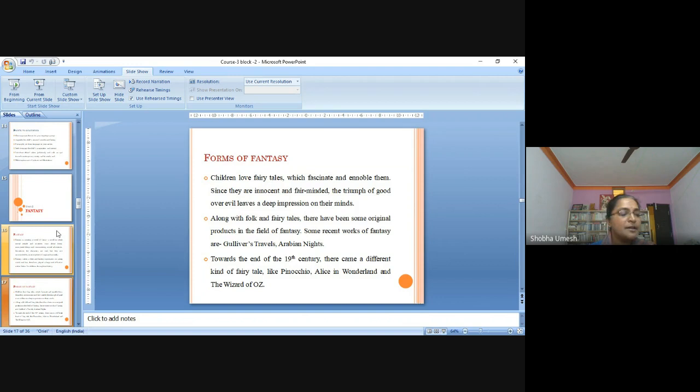So there are different forms of fantasy stories which have been written. Children love to listen to fairy tales, which fascinate and ennoble them, since they are innocent and fair-minded. The triumph of good over evil leaves a deep impression on their minds.